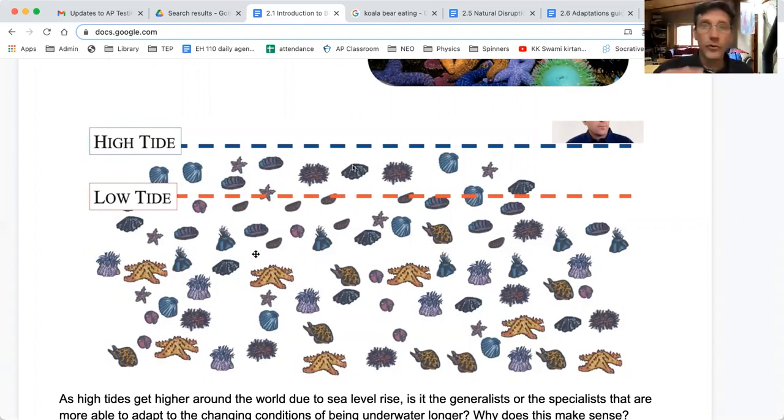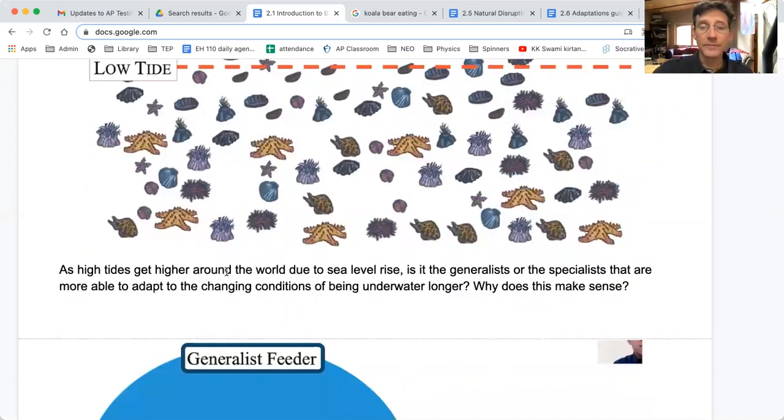As you go further up the coast towards the mainland, you are not going to be underwater as much. But as sea levels are rising, more of that coastal area is going to be underwater more times of the day. So you have to have species that are able to tolerate this new condition that they're experiencing. And generalists who aren't as picky about how much time they spend underwater are going to be able to survive better. And the specialists will tend to die off in those changing conditions.